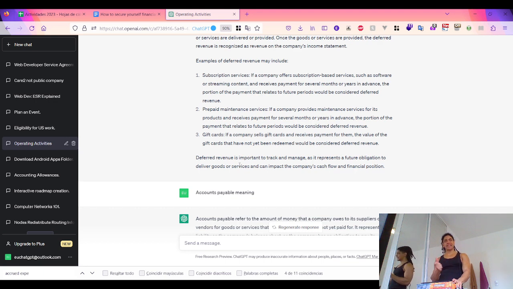So in other words, deferred revenues are future obligations to deliver goods and services to the customer that have been collected first, that have been previously collected.